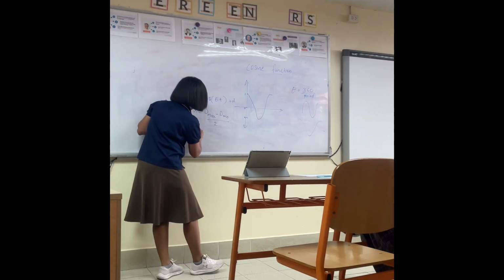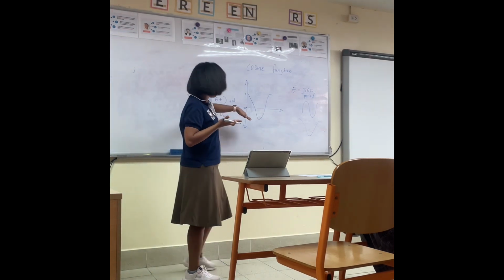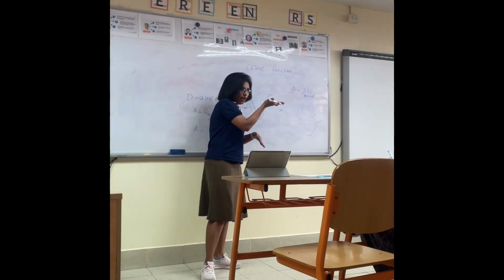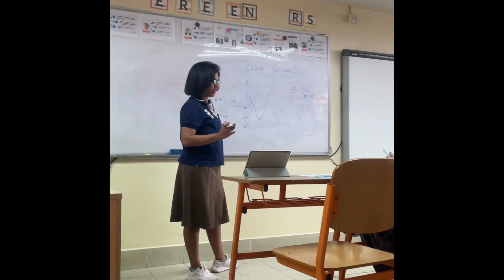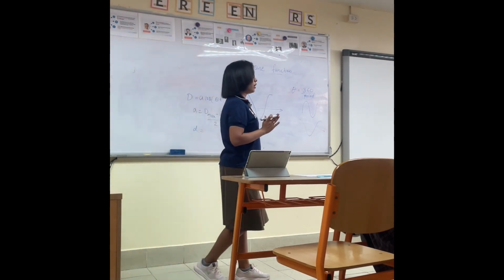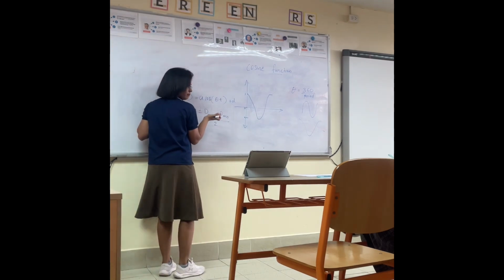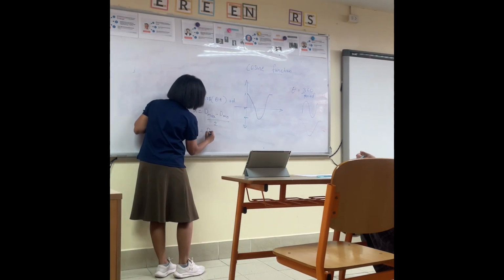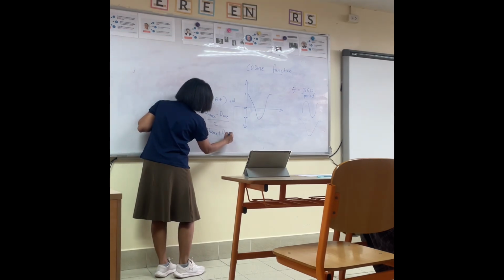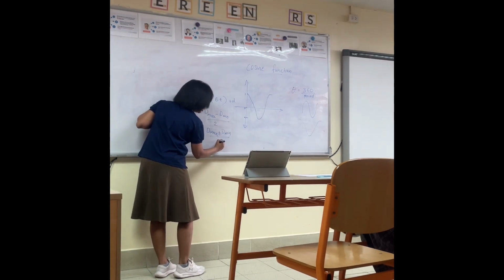And what is D then? The principal axis, also the symmetry of the line. So again, D max plus D minimum divided by 2.